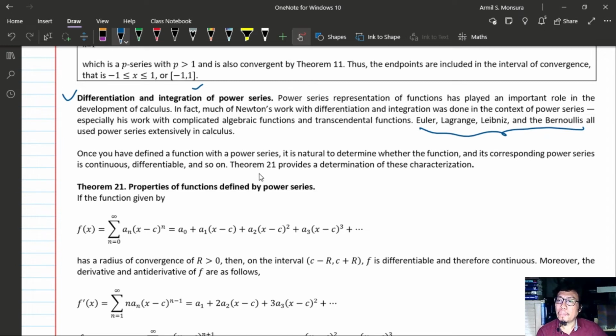Okay, so once you have defined a function with a power series, it is natural for us to determine whether the function and its corresponding power series is continuous, differentiable, and so on. This theorem would provide us a way to characterize them in terms of continuity, differentiability, and so on.